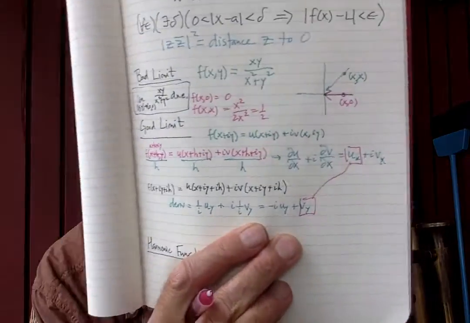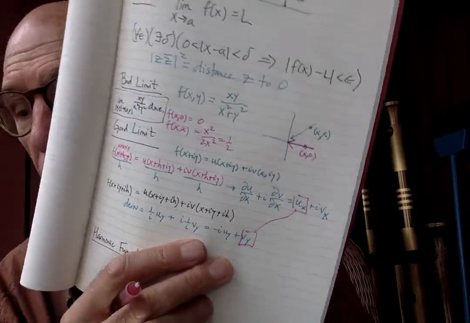And so this is minus i uy plus vy. And if you compare the two real parts, you get the first half of the Cauchy Riemann equations, which says that ux is vy. And if you compare the imaginary parts, you get the second part of the Cauchy Riemann equations.